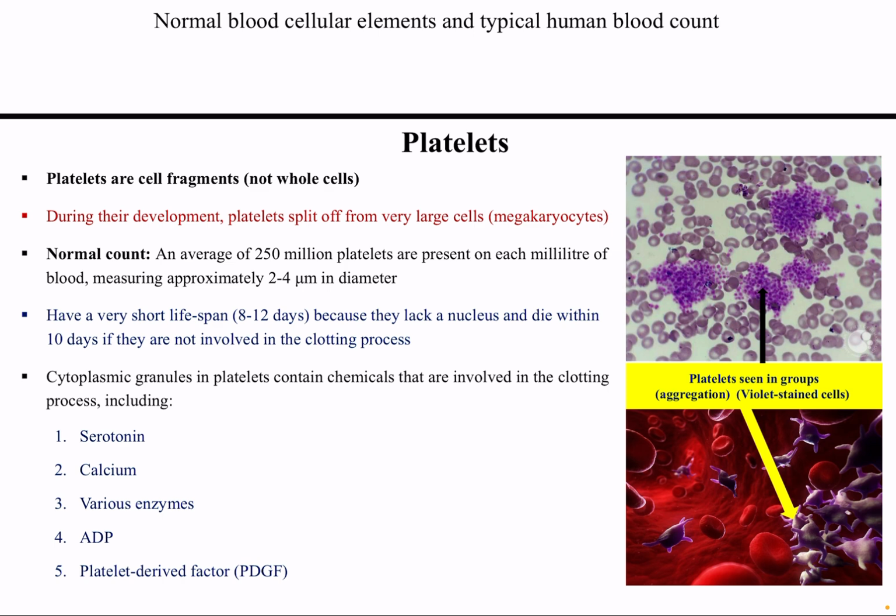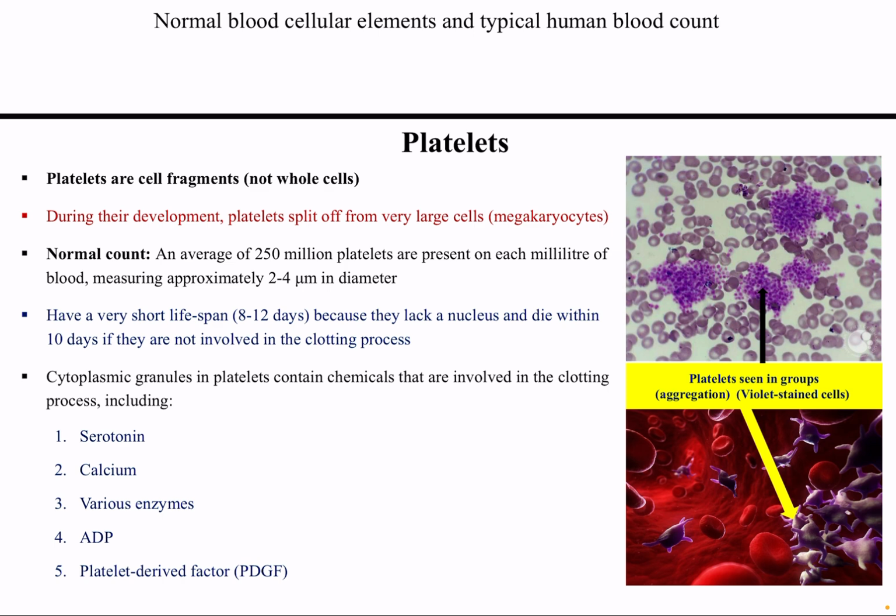You know serotonin. Serotonin is a neurotransmitter and hormone, right? It is present in vacuoles or vesicles within the platelets, and it acts as an important factor to stimulate vasoconstriction at the site of injury.